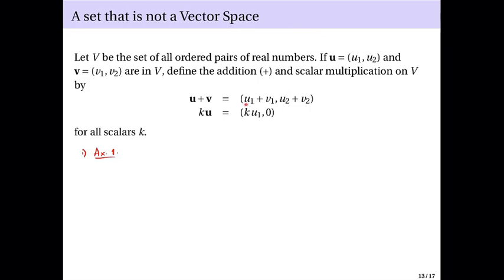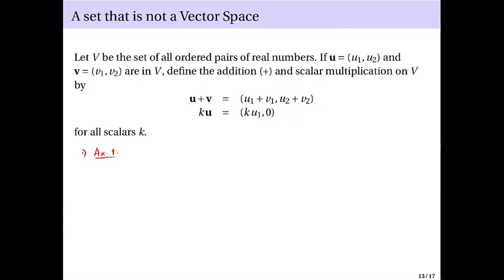So U1 plus V1 is a real number. U2 plus V2 is a real number, which means that this guy here is an ordered pair. So axiom 1 can be proven easily.